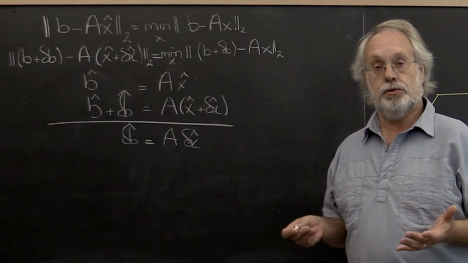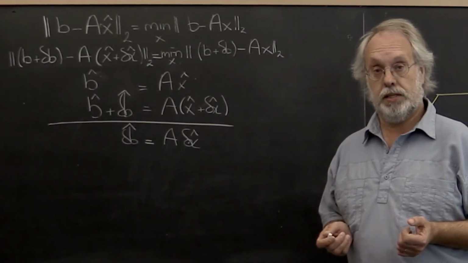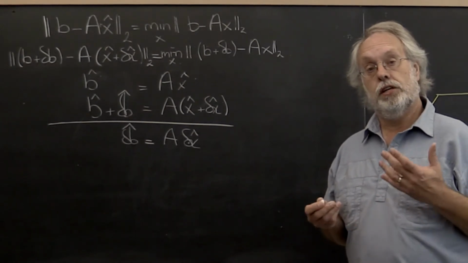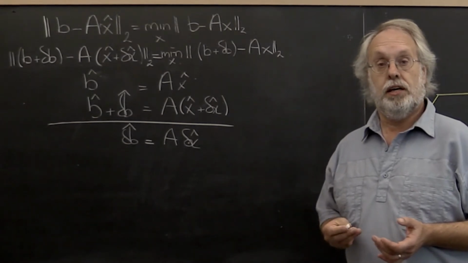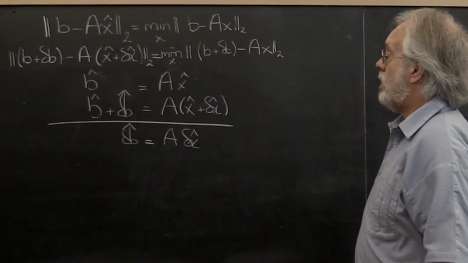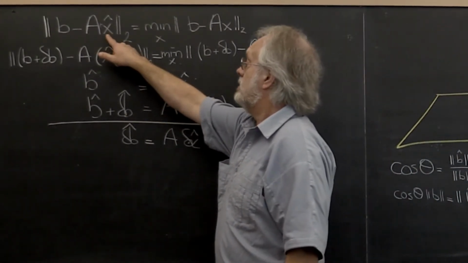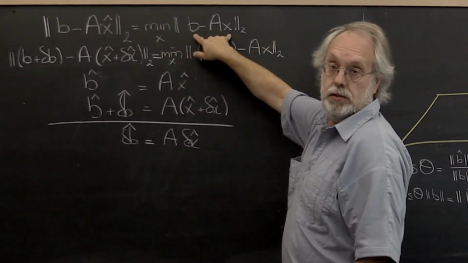Let's take a little side tour and look at the conditioning of the linear least squares problem. Remember, conditioning has to do with how sensitive the solution is to a small change in the right-hand side. In terms of the linear least squares problem, what does that mean? Well, we're looking for x hat that minimizes this right here.